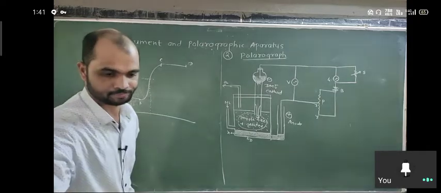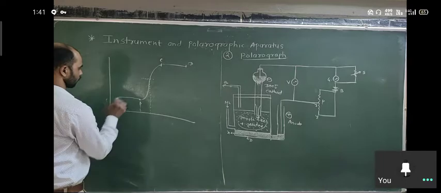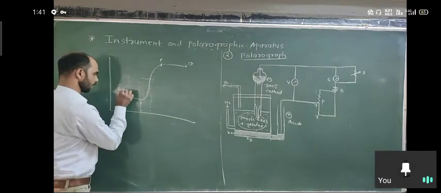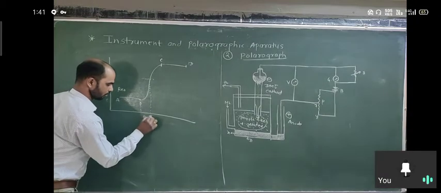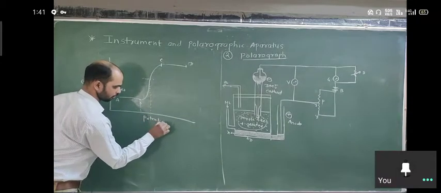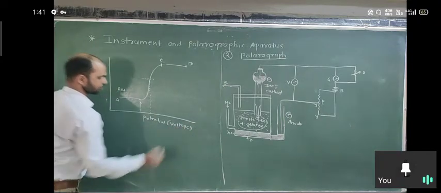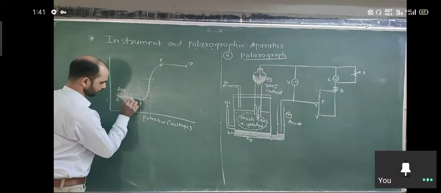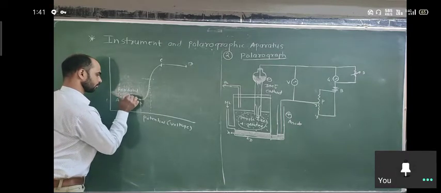Then here is point B. Here is a residual part. Here is the current, here is the potential, meaning voltage. Current versus voltage.